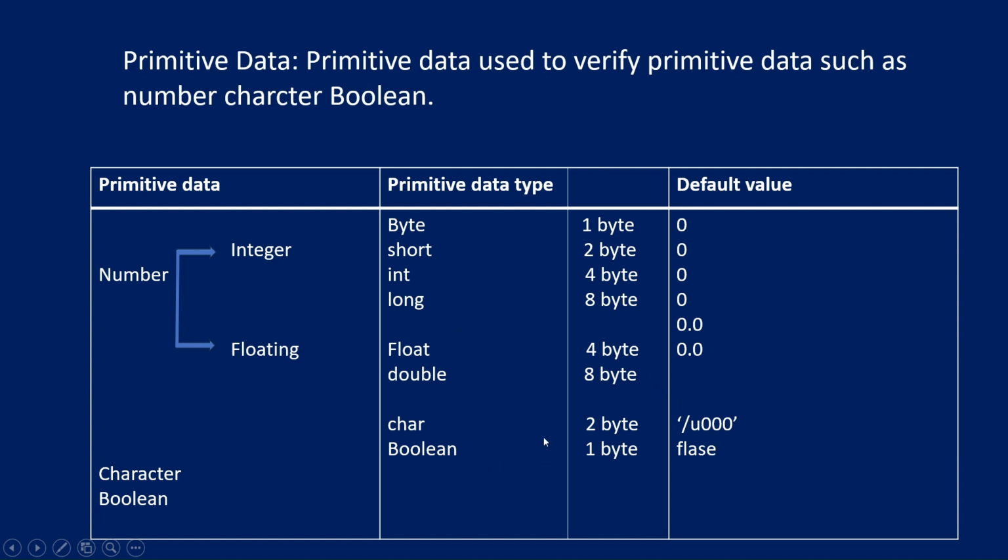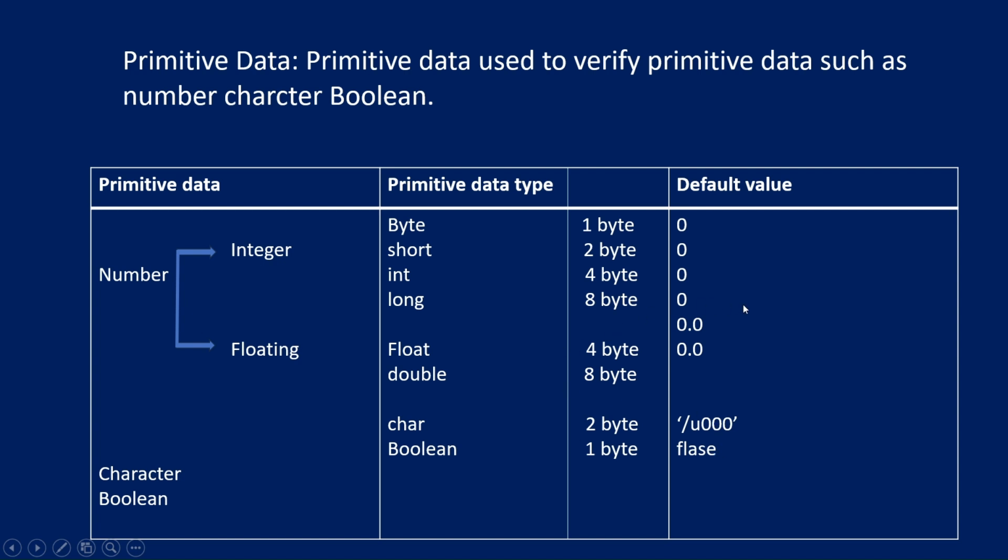That's why char has a 2 byte size and stores Unicode values. Boolean has a 1 byte size, with values false and true. The default value of boolean is false.